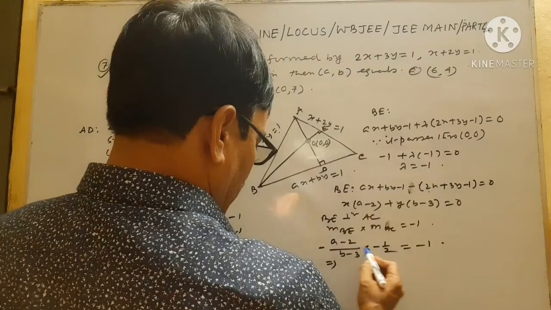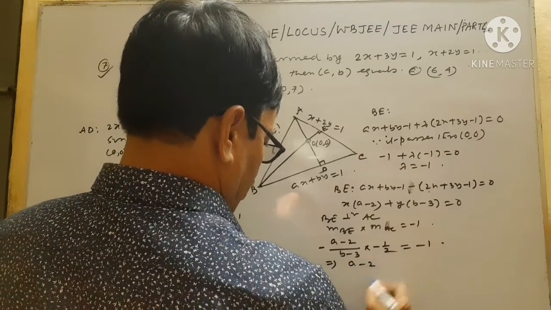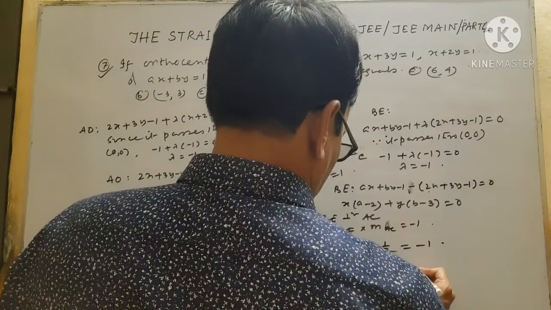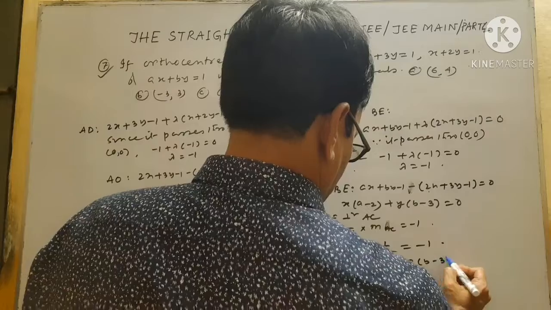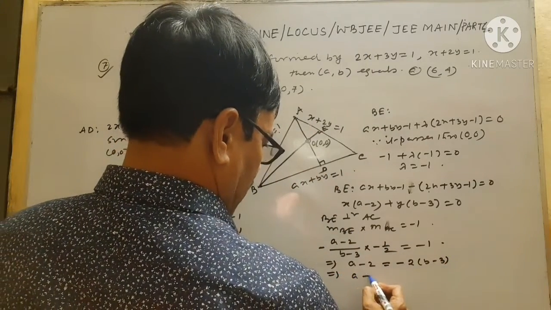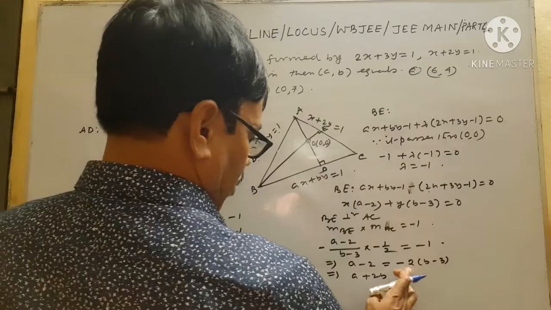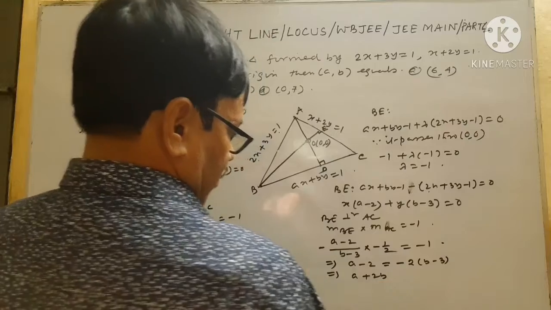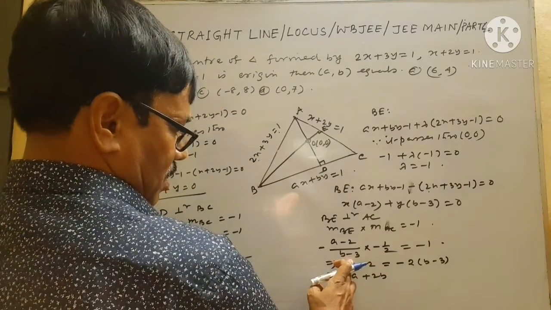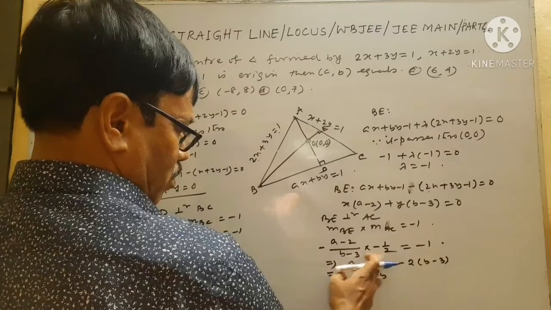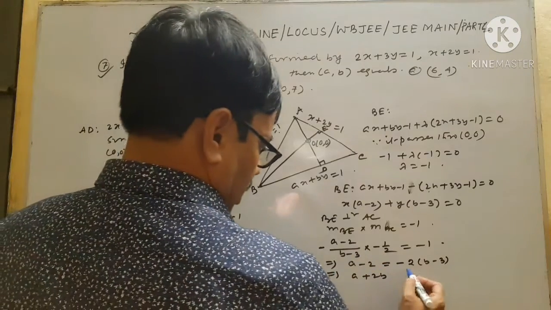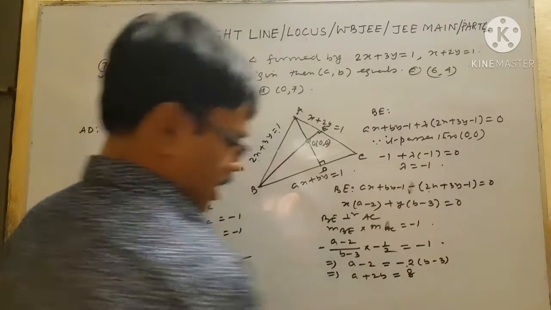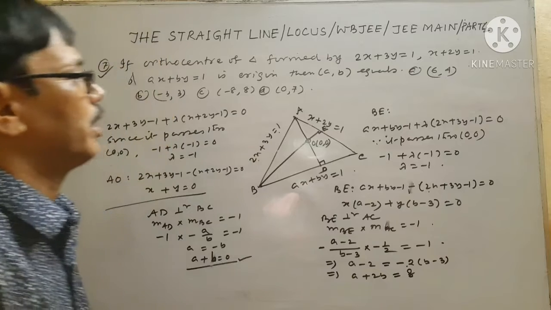So minus minus becomes plus, and a - 2 equals 2 into (b - 3). So we are getting a + 2b, which is plus 6, so a + 2b equals 8.